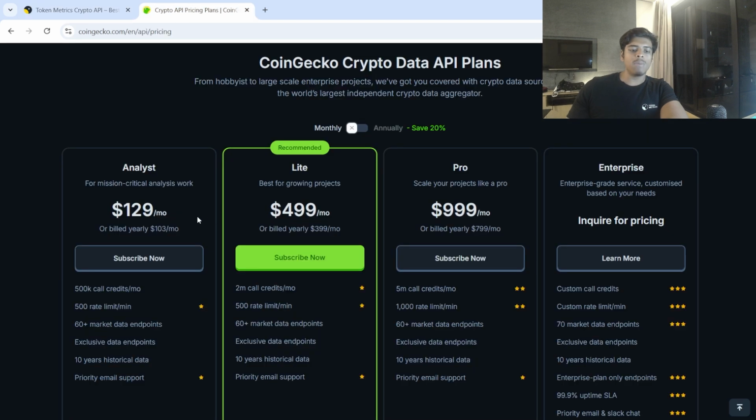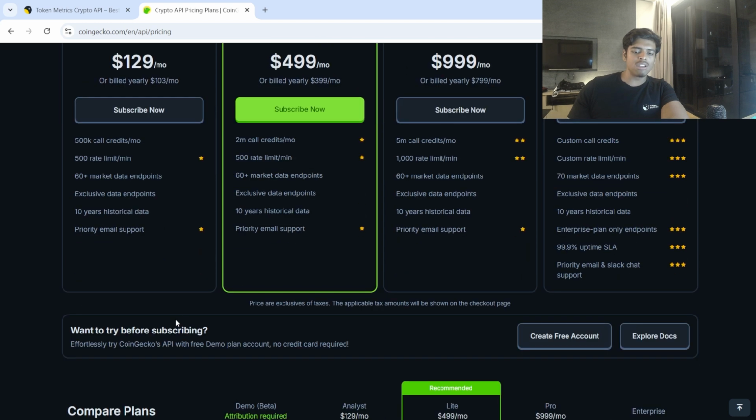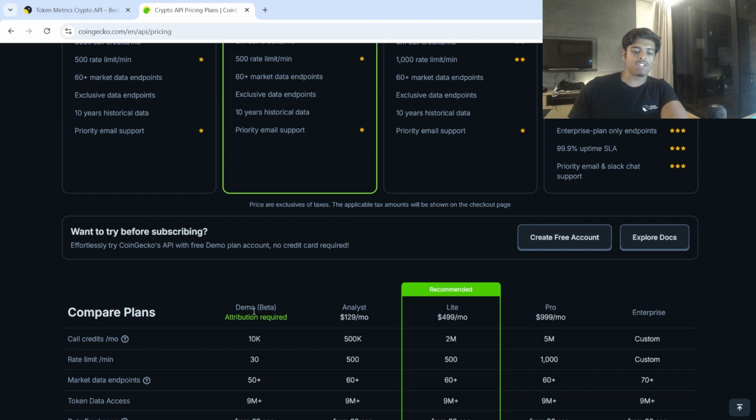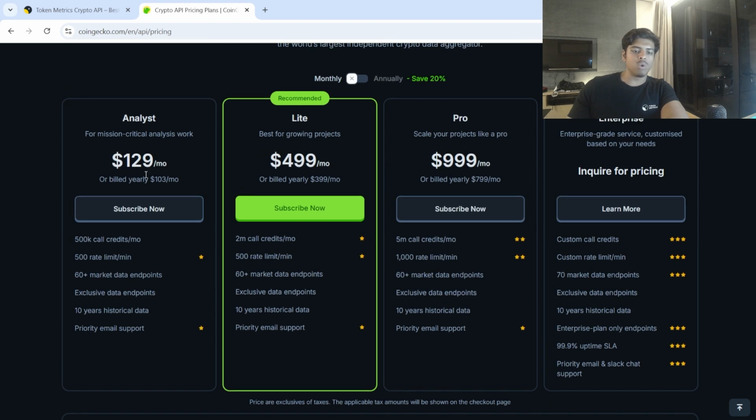With the CoinGecko API, it is slightly more expensive. However, you do get more API calls. They also have a free plan, which is currently in beta. That does require you to credit CoinGecko back in your platform. So you'll have to mention that data is powered by CoinGecko, which might be a deal breaker for some of you out there, but that does come with the free plan. Now, the paid plans start at $129, so slightly more expensive.